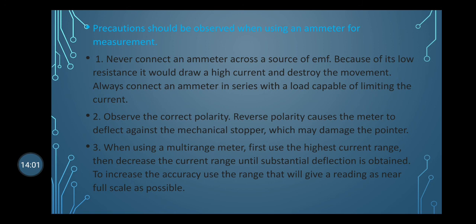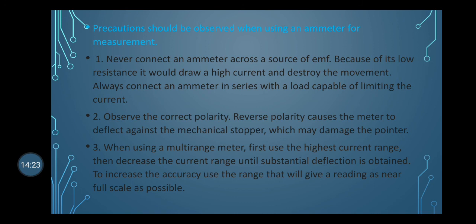Also connect the ammeter in series with a load capable of limiting the current. If we connect the meter across the source directly, it will damage the meter because the ammeter has low resistance. That's why this precaution should be taken.